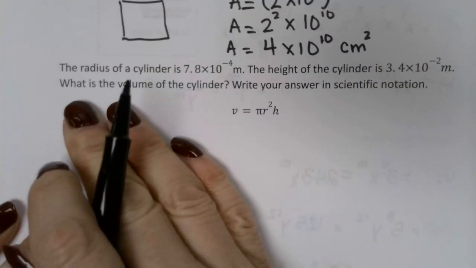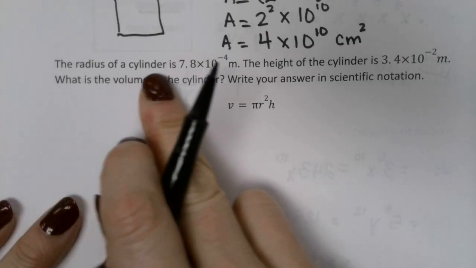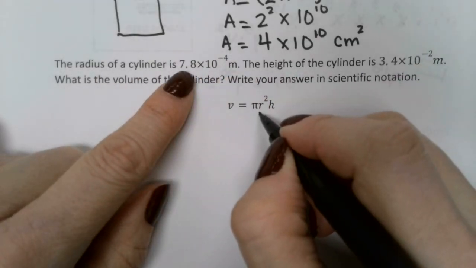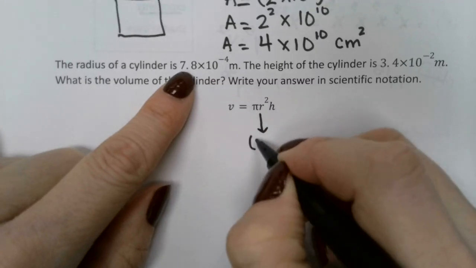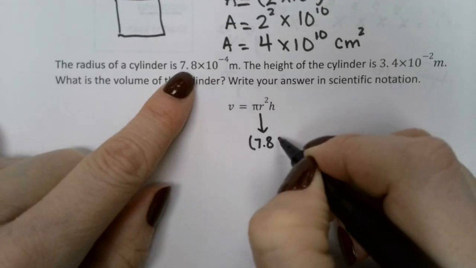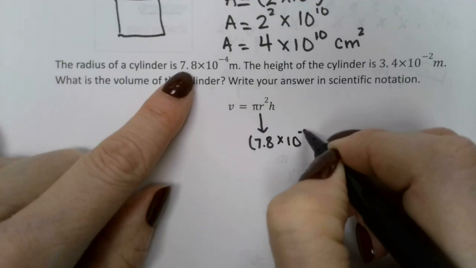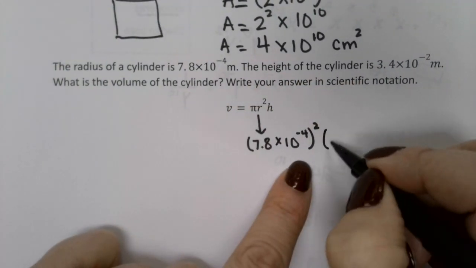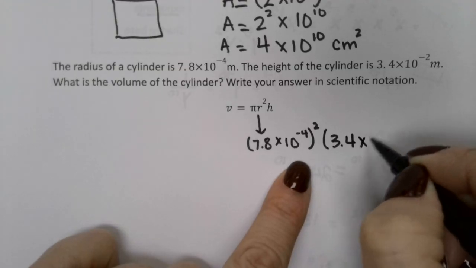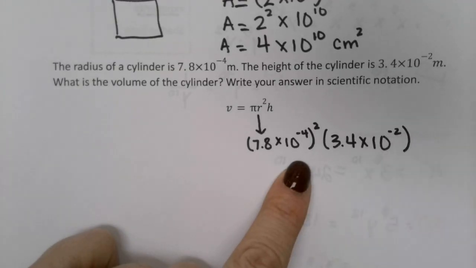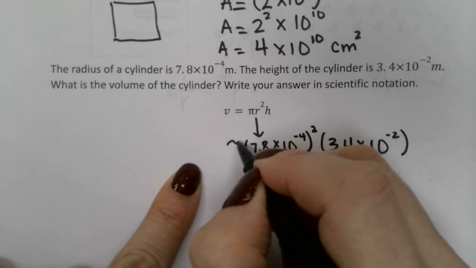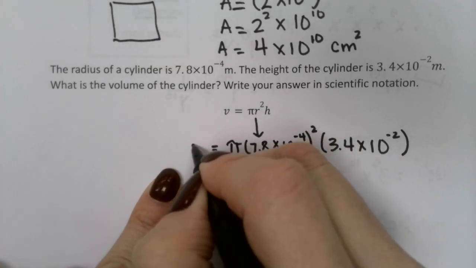All right. This one says we have the radius of a cylinder is 7.8 times 10 to the negative 4th, so that's here. The height is 3.4 times 10 to the negative 2nd, so there's my radius squared, my height, I'm going to throw pi in here, equals volume.